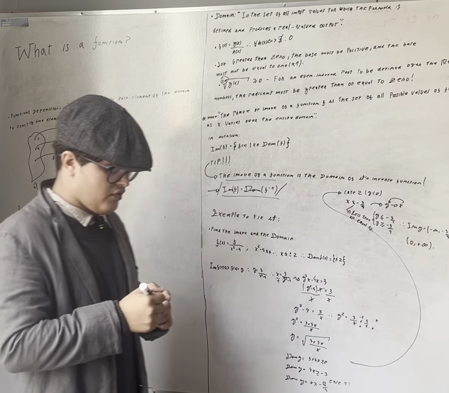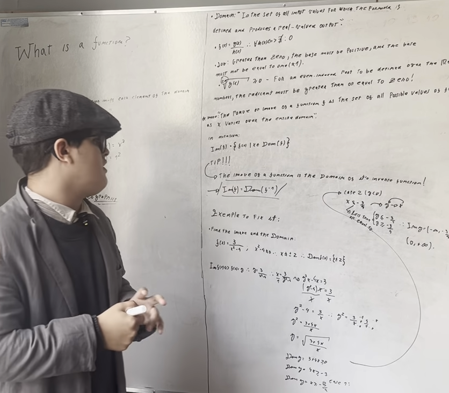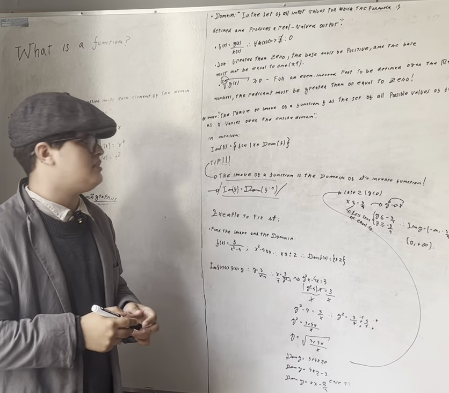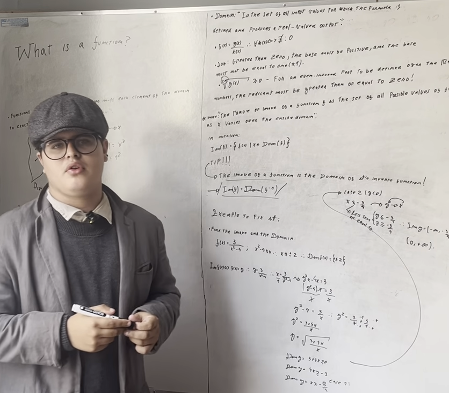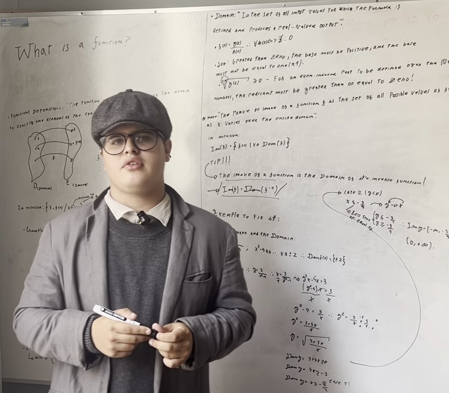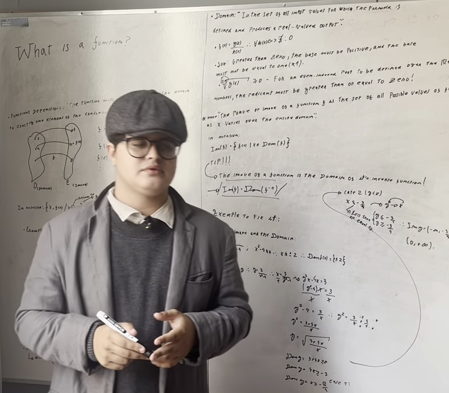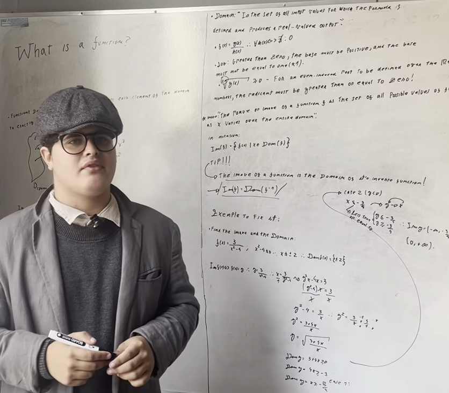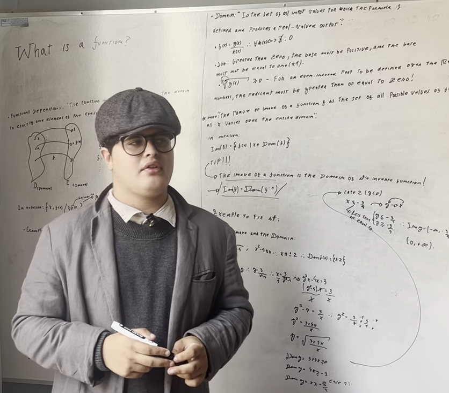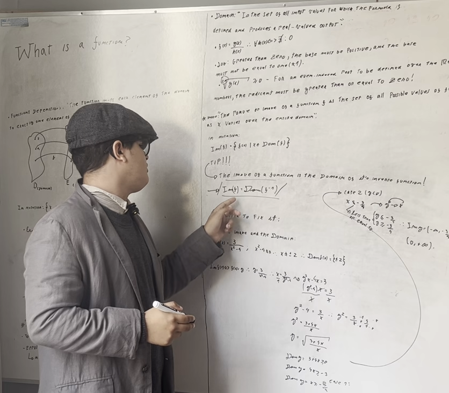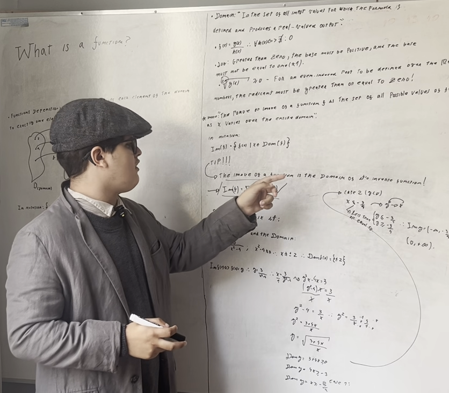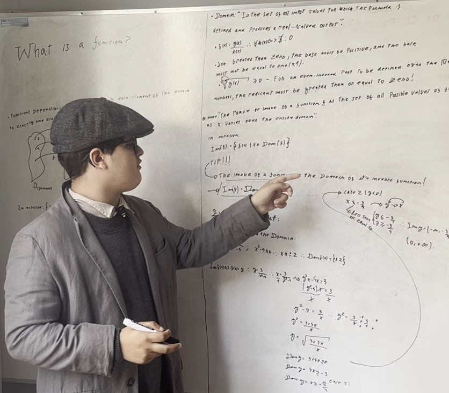And for this part, I will give a tip, because I don't remember seeing this at school, but I think it's very interesting. The image of a function is the domain of its inverse function.